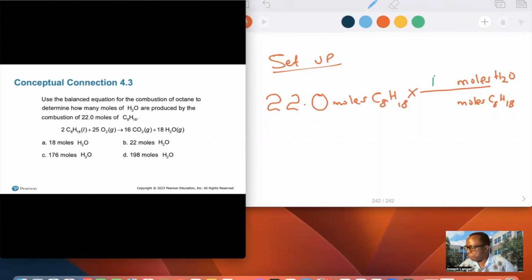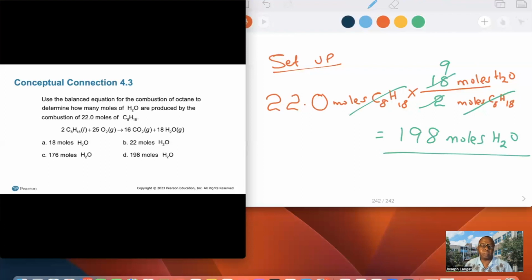This will go away, this will go away, this will be none. You multiply and then maintain the number of significant figures and include the units, all right? Moles of H2O. Don't just say 198, by the way. Don't just say 198.